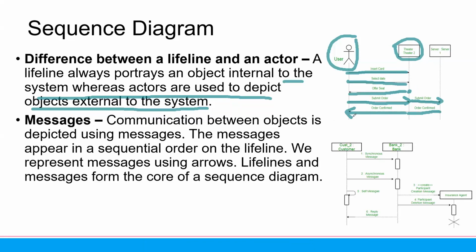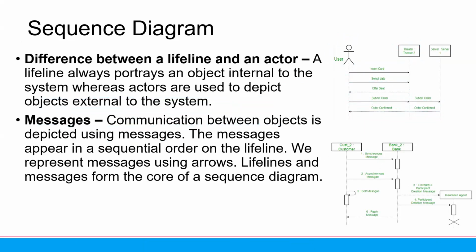This kind of thing we call a sequence diagram. And there can also be messages. The messages are the communication between objects depicted using messages. There are several messages here. I will stop here because of the time limitation.